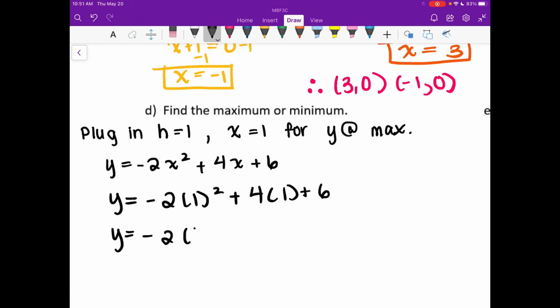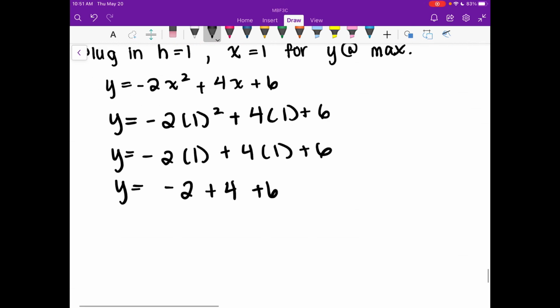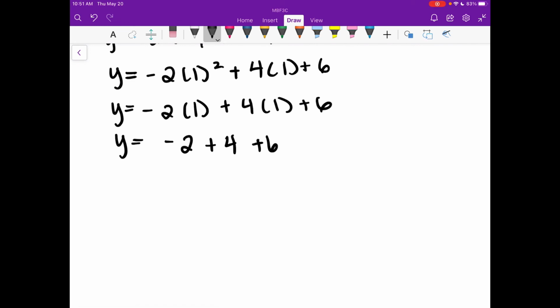I'm just solving. 1 squared is 1 plus 4. Oops, this should be plus. Then we do negative 2 times 1 is negative 2. 4 times 1 is just 4 plus 6. And then negative 2 plus 4 is 2 plus 6 is 8. So my y value is going to be 8.